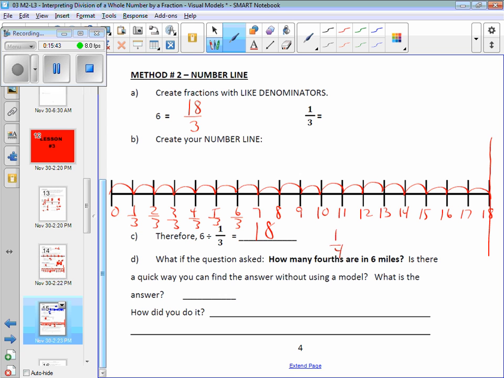But I promise, Alexa. So Alexa, what do you do? Whole number times the denominator. Is our answer to how many fourths in 6 miles 24? It works.